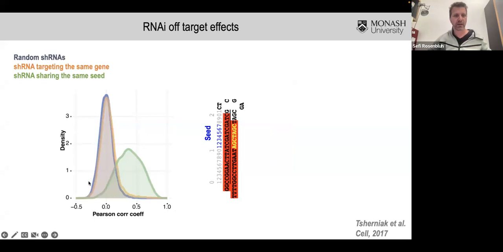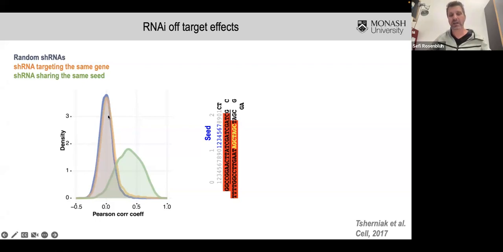When you do that comparison, here you're looking at the correlation between shRNAs that target the same gene, or random shRNAs, here in blue, and these are shRNAs targeting the same gene, you could see that they are pretty much random. That means that shRNAs designed to target the same gene are many of the times doing something very different. And that is the major effect of shRNAs.